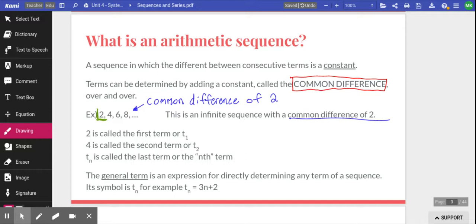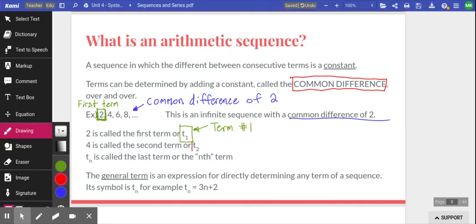2 is the first term. The way that we represent that is by writing this. That means term number 1.